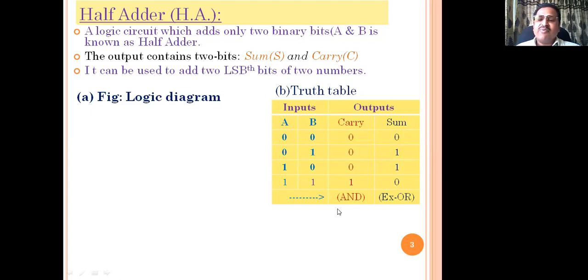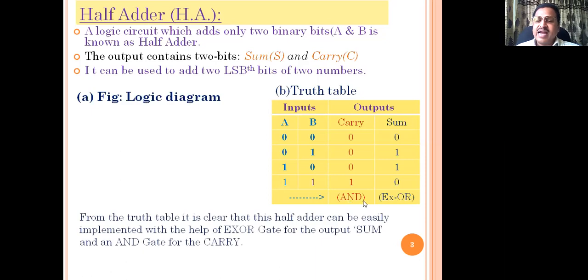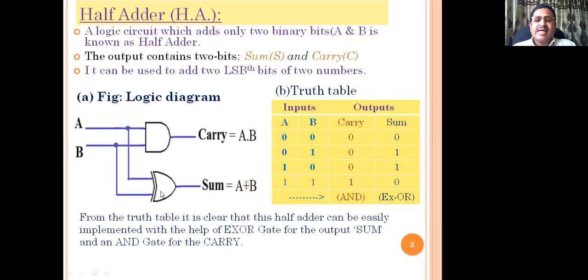Thus, with the help of 2 logic gates, AND gate and XOR gate, we can construct the logic diagram for 2-bit binary addition known as half adder, in which the XOR gate's output shows the sum output of the addition, whereas the AND gate's output shows the carry output of the 2 binary inputs A and B.